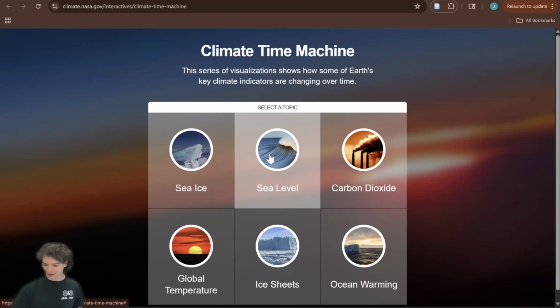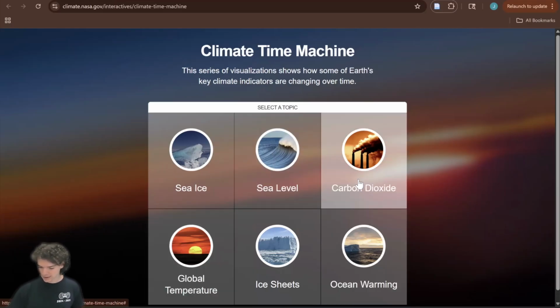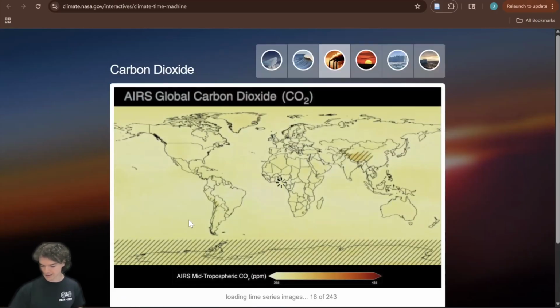So this is the Climate Time Machine. You can go here. This is a NASA website. So the sea level one that we were looking at, or actually we can look at a different one. Let's look at the carbon dioxide. Why not? And it will take a second to load. And when it loads all of the images, you can drag through time and see the different amount of, in this case, carbon in the atmosphere.